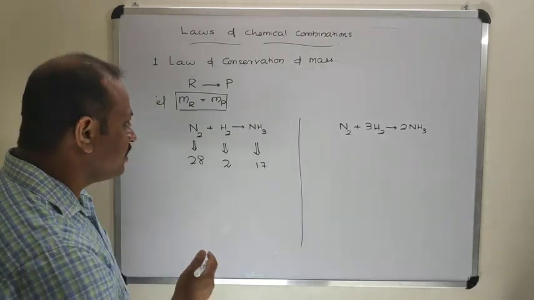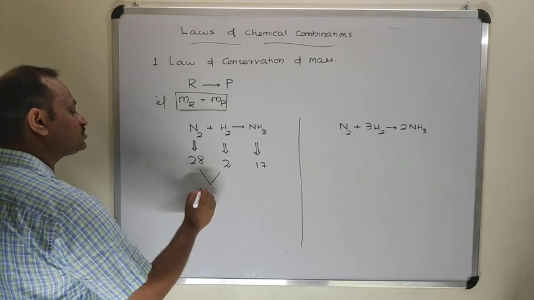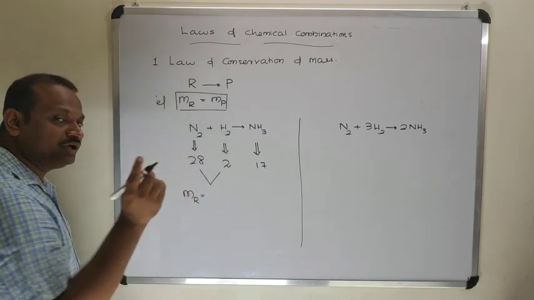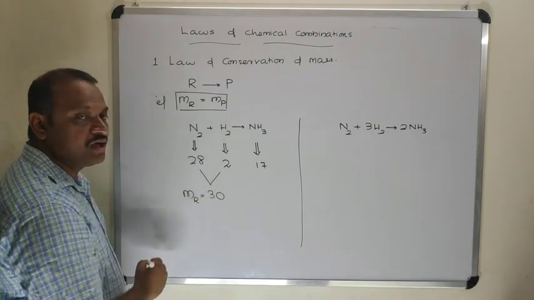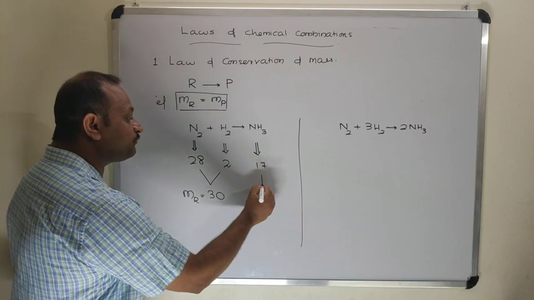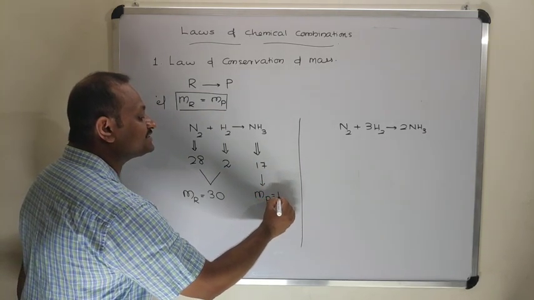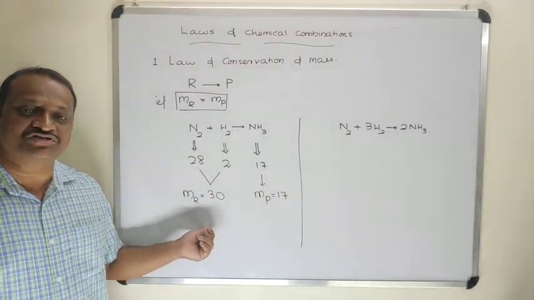So then, if you find mass of the reactant will be equal to 28 plus 2 equals 30 here. And what is mass of product? In this case, we have mass of product equals 34. See, here we have mass of the reactant equals 30.